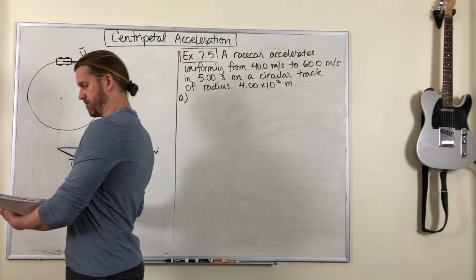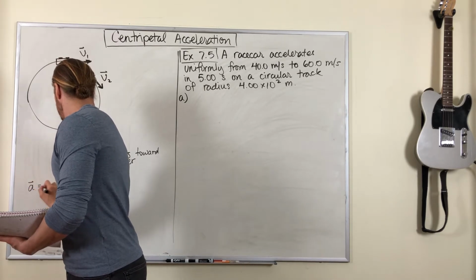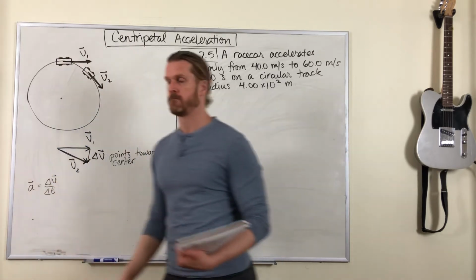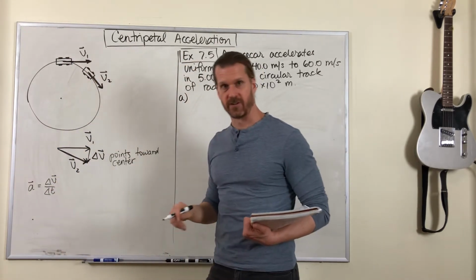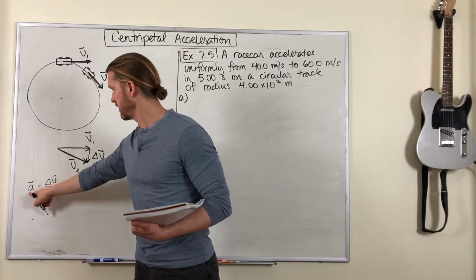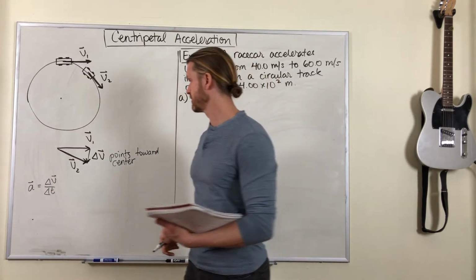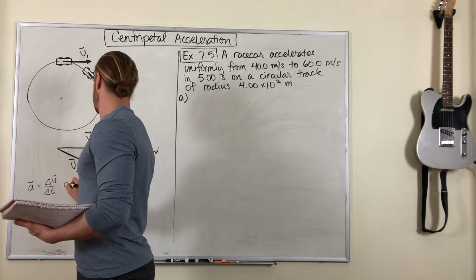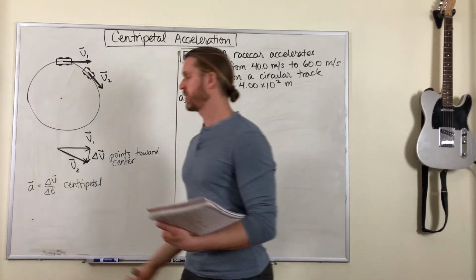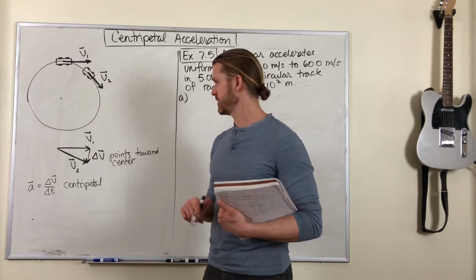Now, acceleration is defined as delta v over delta t, which means that the acceleration of this car also points toward the center, because acceleration vector has to point in the same direction as delta v vector. So that acceleration vector is centripetal. It points toward the center of the circle for the circular motion.